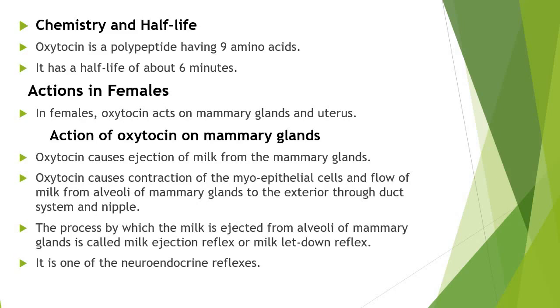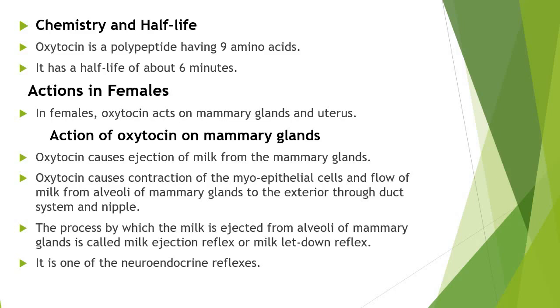Action in females. In females, oxytocin acts on the mammary gland and uterus. Oxytocin causes ejection of milk from the mammary glands. It causes contraction of myoepithelial cells and flow of milk from the alveoli of the mammary gland to the exterior through the duct system and nipple. The process by which the milk is ejected from the alveoli of the mammary gland is called milk ejection reflex or milk letdown reflex.